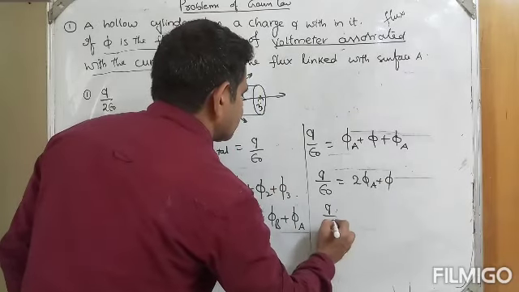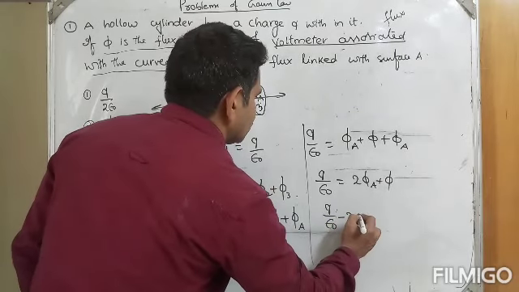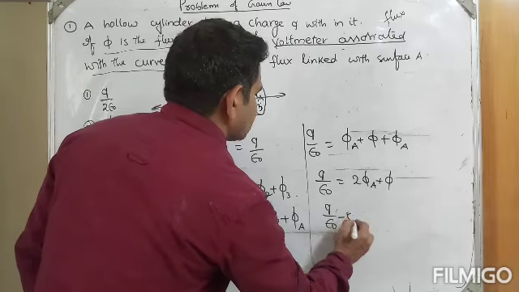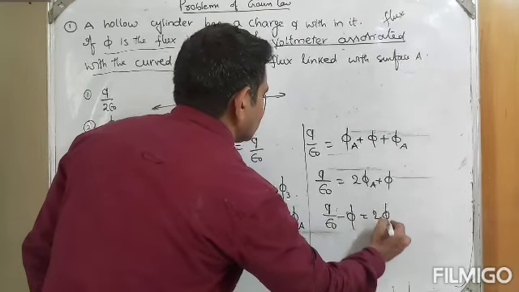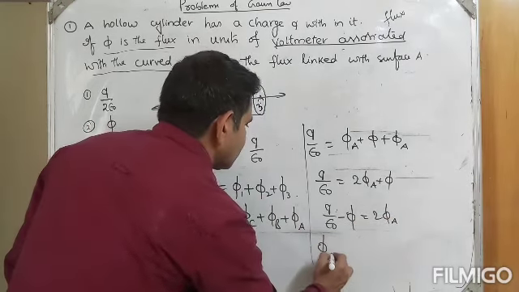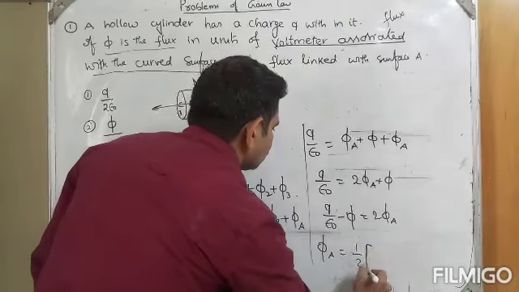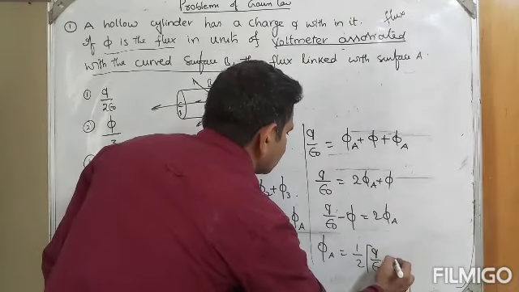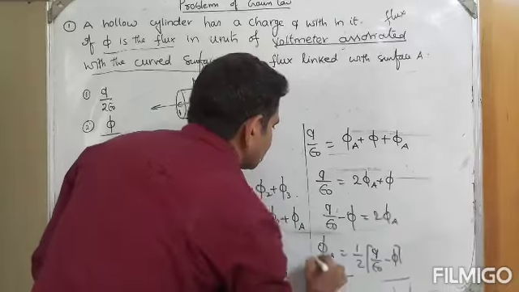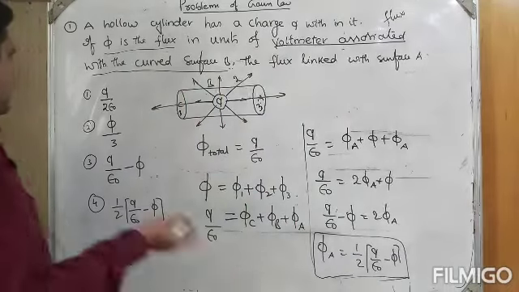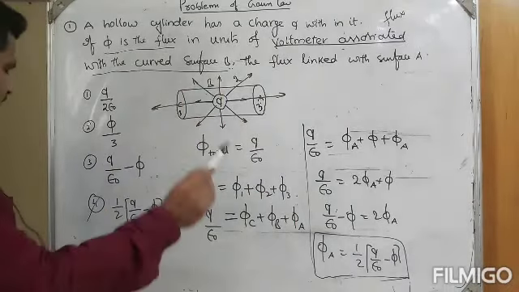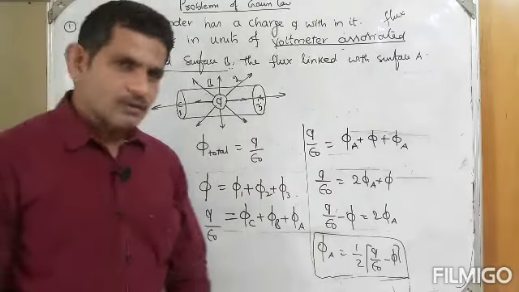Therefore, moving phi to this side, Q by epsilon naught minus phi is equal to 2 phi A. So flux through A is equal to 1 by 2 of (Q by epsilon naught minus phi). I think you can understand. This is the answer. Check the answer. Right?